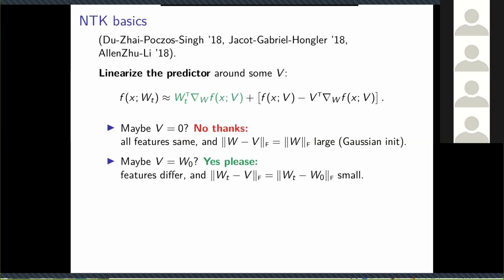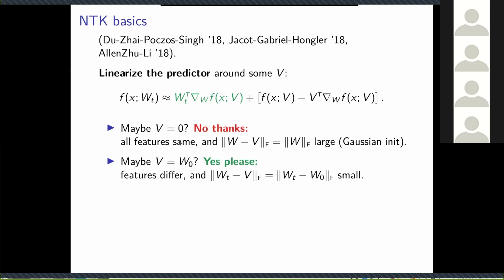Okay, so a lot of you know the NTK. The original contributors all worked in parallel, but all of these papers have very nice ideas. The idea is we linearize the predictor, and the key idea of the NTK is not to linearize around 0, which has all sorts of issues, but to linearize around the initialization. In this talk, when I say the NTK setting, I mean that the features you get by linearizing around the initialization do not change much.